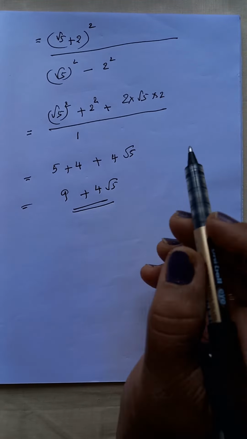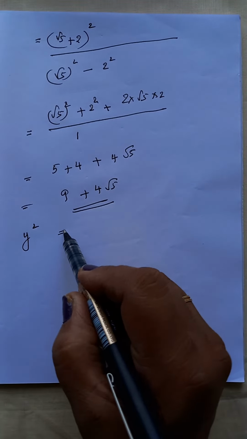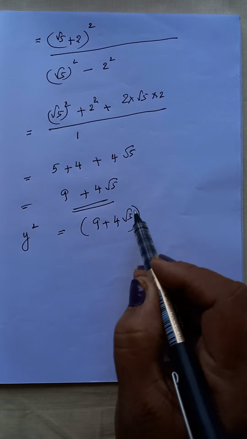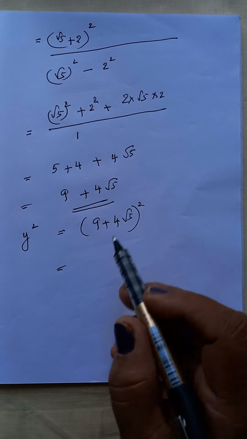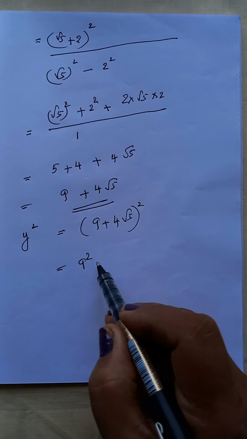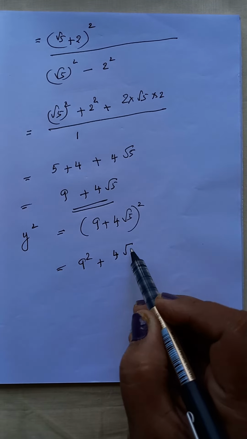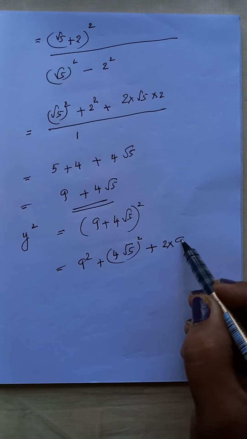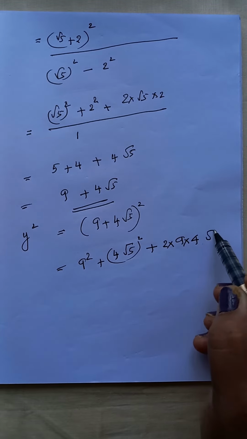This is the value of y. We have to find out y square. So that is equal to 9 plus 4 root 5 whole square. That is the a plus b whole square form. So 9 square plus b square, that is 4 root 5 square, plus 2 into 9 into 4 root 5.